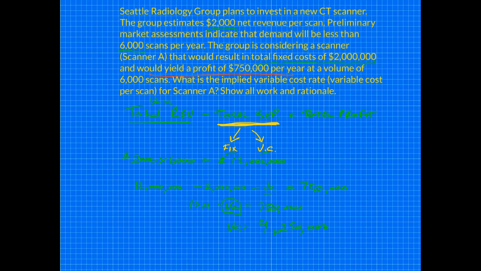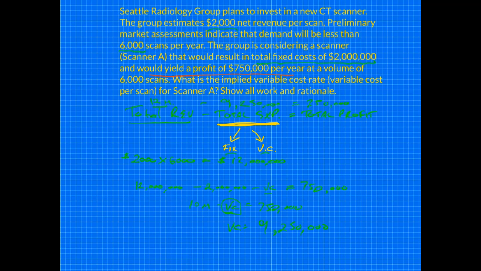Yay! So we basically have built this whole equation. The 12 million minus the $9,250,000 equals the $750,000, that's a 7, believe it or not. But there's always a twist, isn't there?